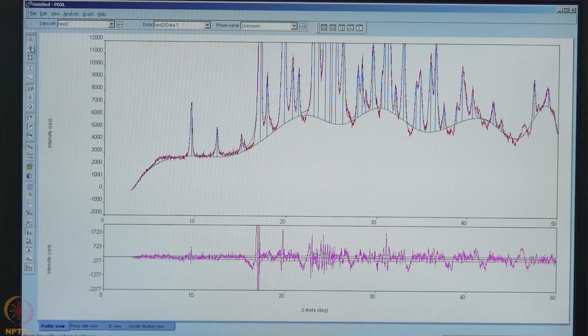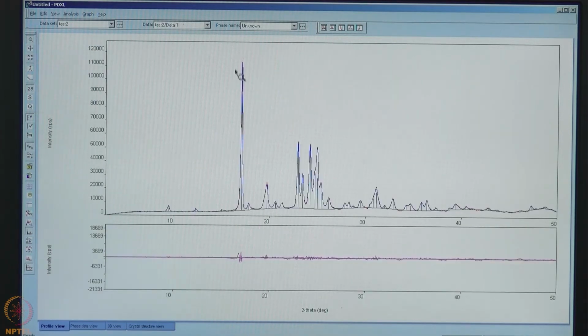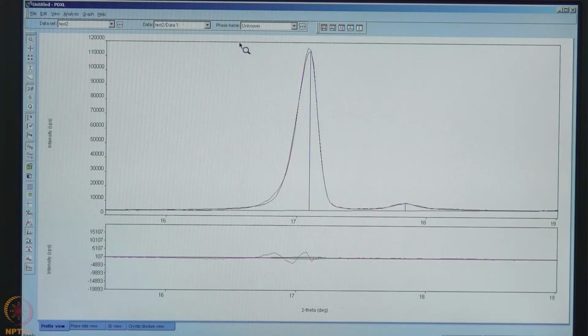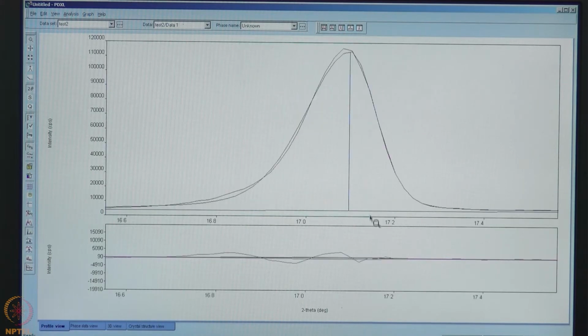What we can see here is that, of course, we have sharp peaks. As we can see, if we expand this region, one can see the peaks are single. So the red ones are observed and blue ones are calculated peaks in this pattern.